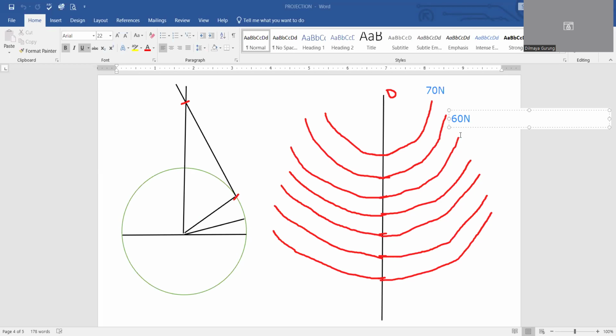The third line indicates 50-degree north. Now this is our main line. Don't forget, this is the standard parallel line. This is 40-degree north.